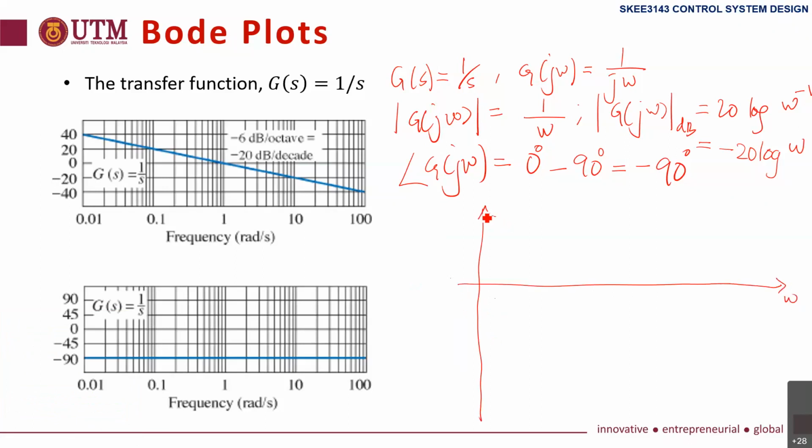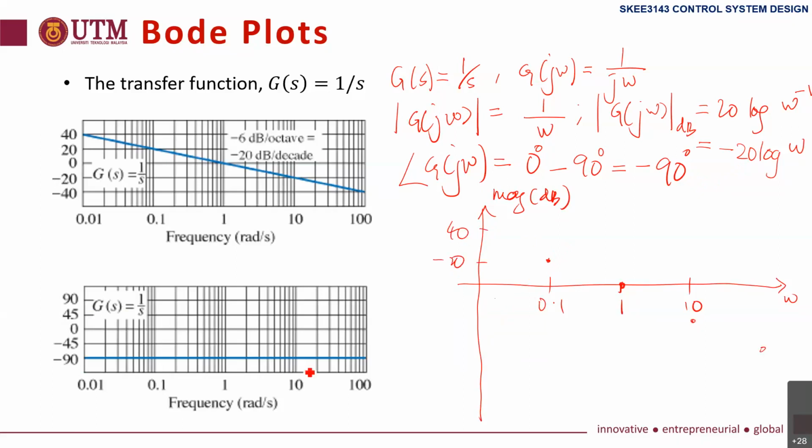Omega versus magnitude in dB. Again, the focus point is 1. Log 1 will give 0, so it's 0 here. It's actually the same, 0.1, 10. You will get a line of 20 dB per decade, but now negative. Negative 20 dB per decade. So it will be here minus 20, then minus 40.